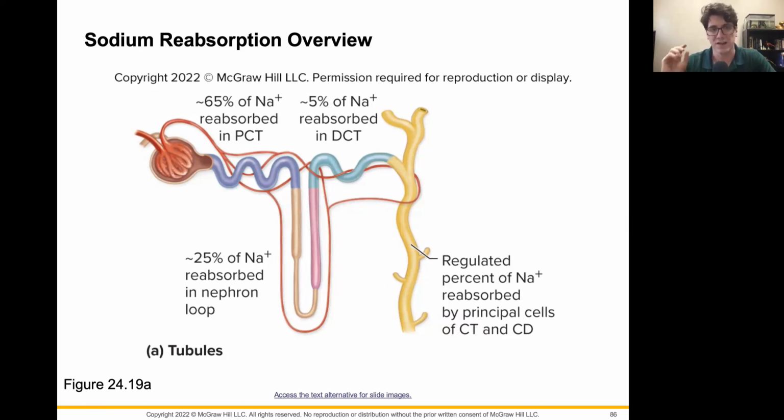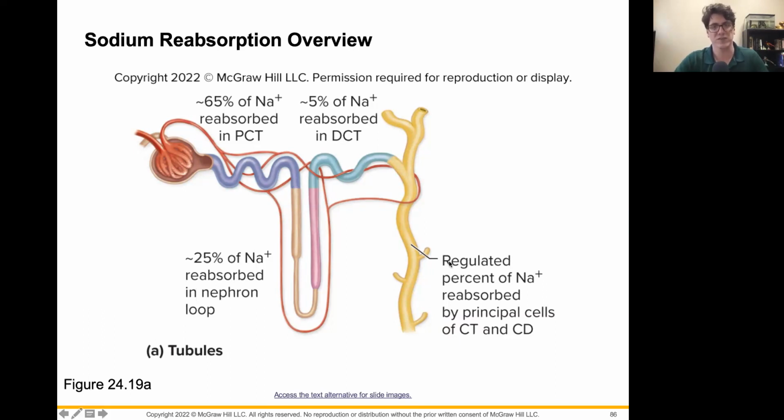Okay. So something like sodium might be important for us to regulate. Like we do want to reabsorb a bunch of it. However, we may not want to reabsorb everything. So say you had a massive meal at Roadhouse and you had tons and tons of salt in your blood. You don't need all of it back. So you don't mind getting rid of some of that excess salt in the urine.